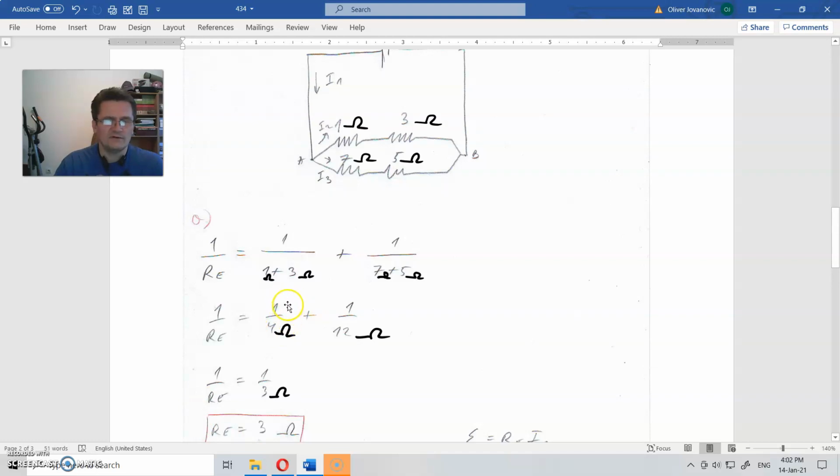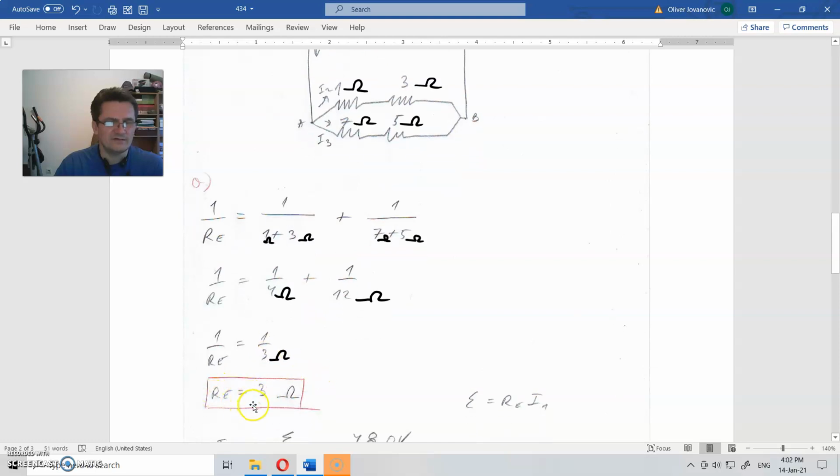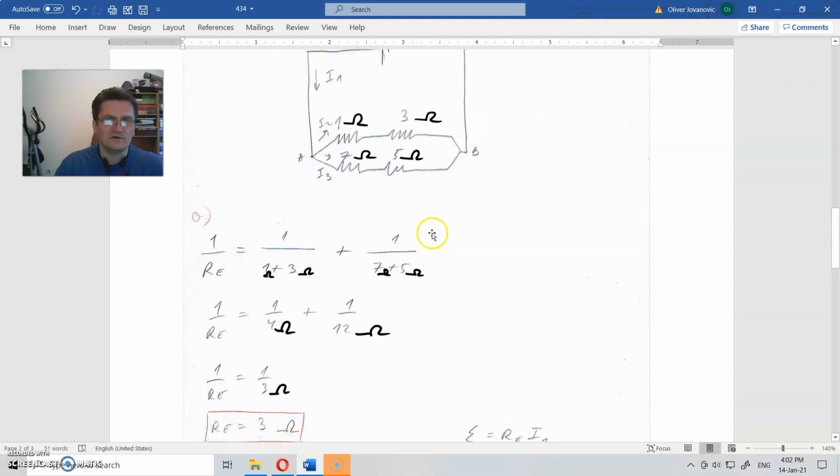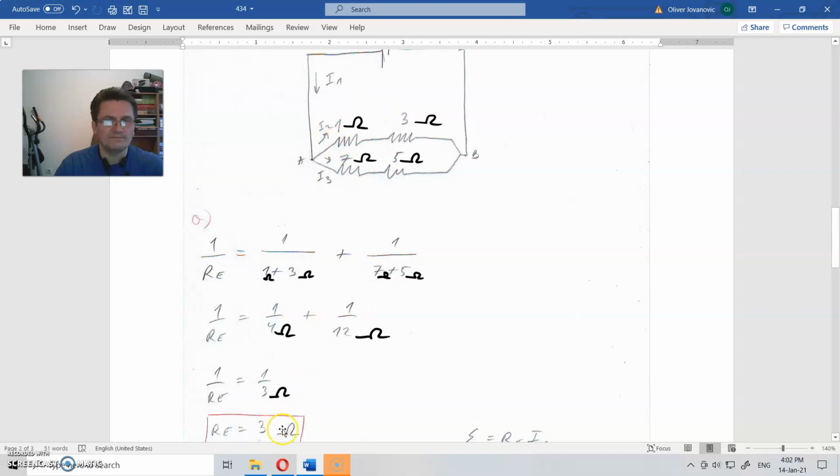So upward you will have 3 and downward will be 12. And when you add those two things together, downward will be 12 and upward will be 3 plus 1 is 4. So 4 divided by 12 is the same as 1 divided by 3. And that is that. Now you flip this, and you get that equivalent resistance for all of this construction is 3 ohms. That is what it is.